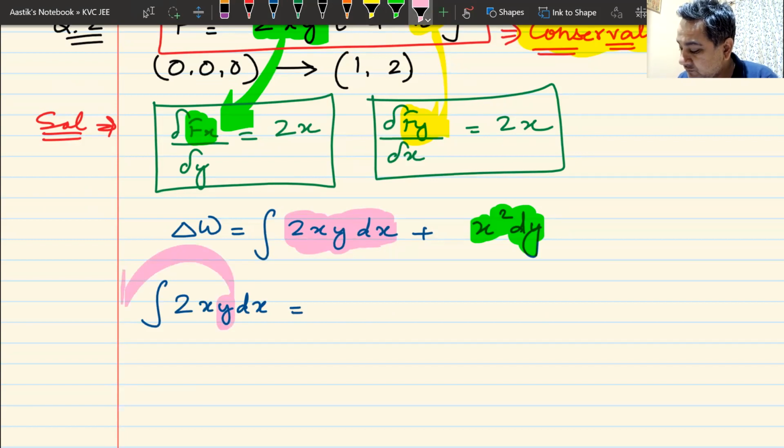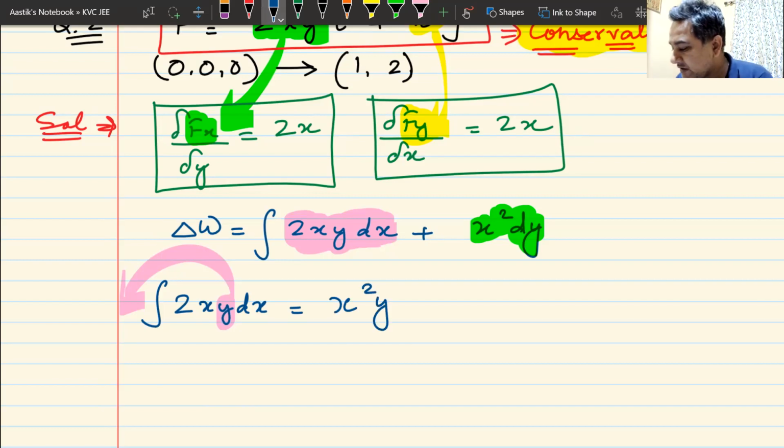So I assume that this y is a constant, so it comes out. Then I only have 2x dx. If I integrate x dx, I will get x square by 2. The 2 and 2 cancel. Y is outside. So if I integrate this, assuming that y is a constant, my integral will come as x squared y.